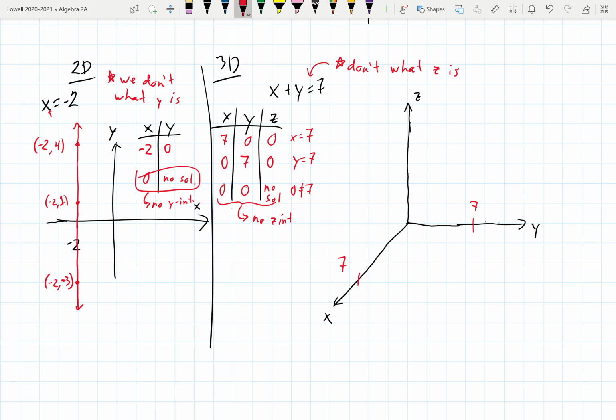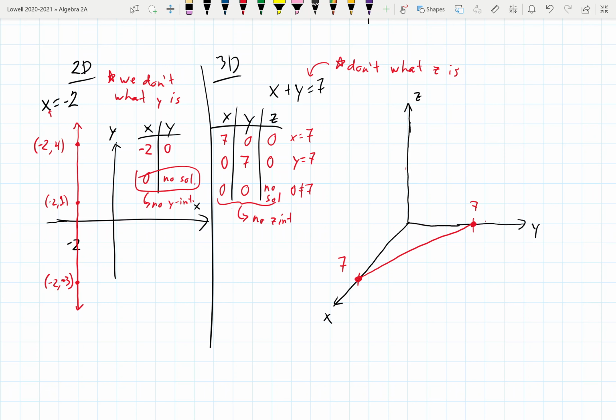And I can draw my xy trace, just like I have been doing. There are my intercepts. Here's my xy trace. Now here's the thing. Since there is no z-intercept, there is no xz trace or yz trace to draw, because the graph is not going to hit the z-axis.